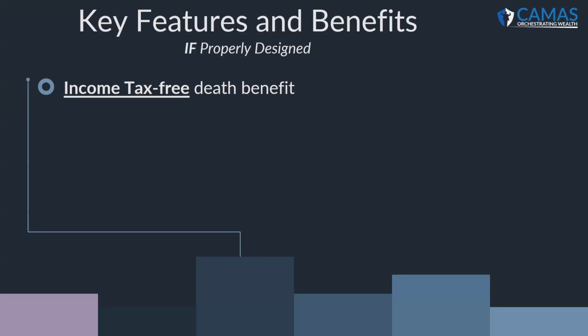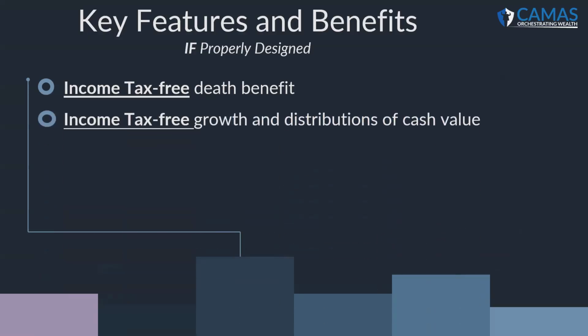Remember, income tax-free. If we want it estate tax-free, we can get there, but it takes some extra planning. But by definition, death benefit is not estate tax-free unless we use a trust or other planning. We get income tax-free growth on the cash value and distribution of the cash value if we're planning it properly.